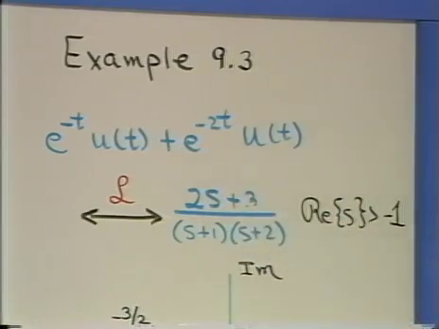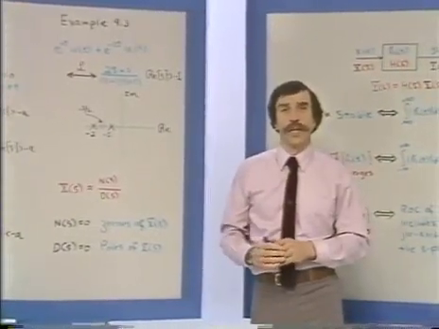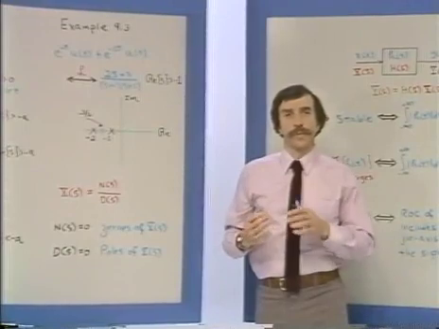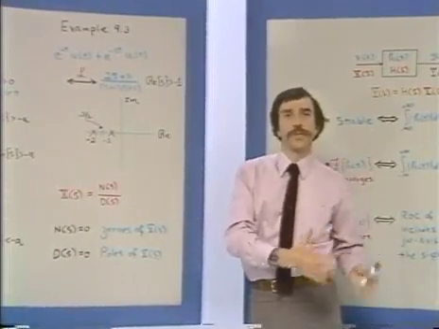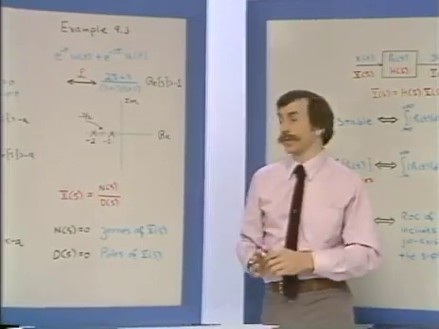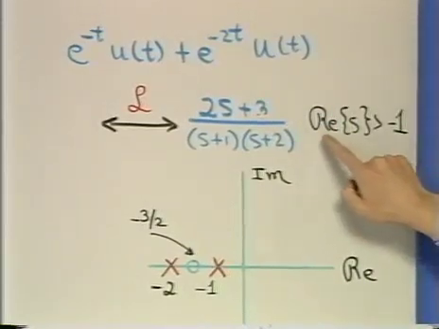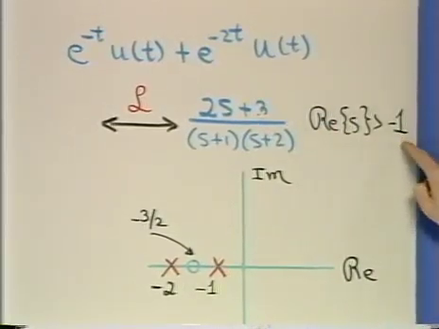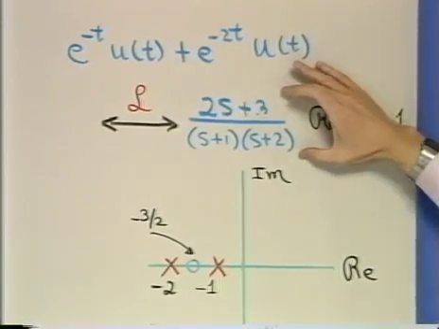So for the two of them together, we have to take the overlap of those two regions. In other words, we have to take the region that encompasses both the real part of s greater than minus 1 and the real part of s greater than minus 2. And if we put those together, then we have a combined region of convergence, which is the real part of s greater than minus 1. So this is the expression.